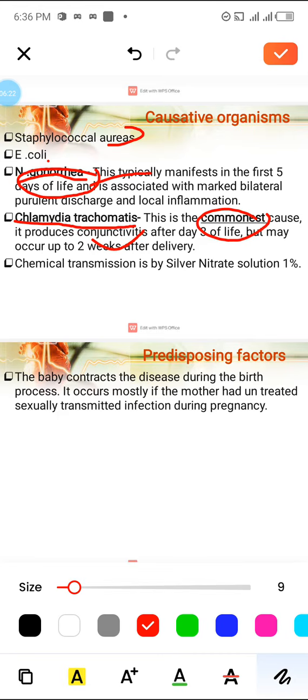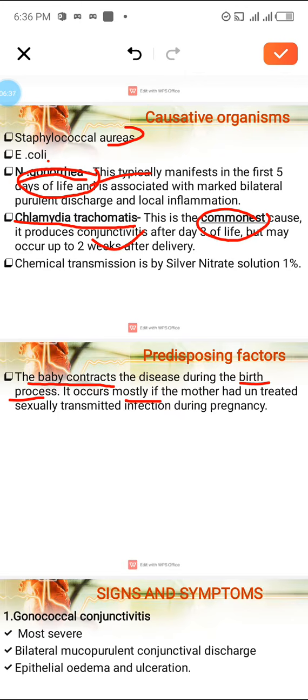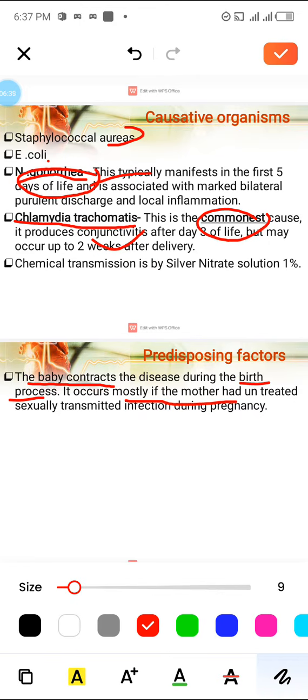Then what are the predisposing factors? When we look at the predisposing factors, we're saying that the baby contracts the disease during the birth process. That's what happens. And mostly the mother had an untreated sexually transmitted infection during pregnancy.